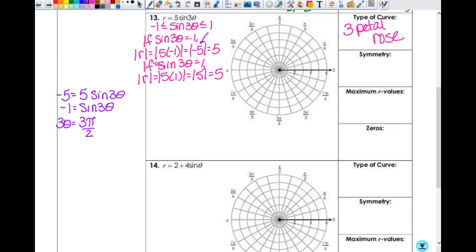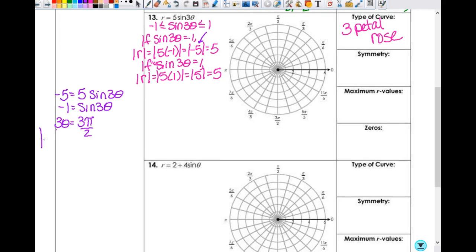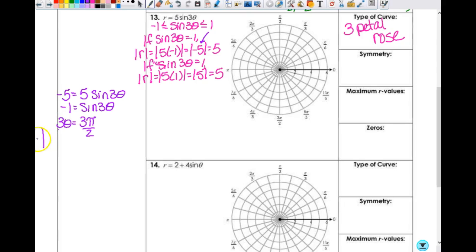Do I have to have more than that? How many times do I have to go around the circle? 3 times, okay? So that one time here I am at 3 pi halves, right? So then when I go around again, what's that going to be? 7 pi halves. Because this would be 3, 4, 5 pi halves, 6, 7 pi halves, right? So 7 pi halves, and then 11 pi halves.